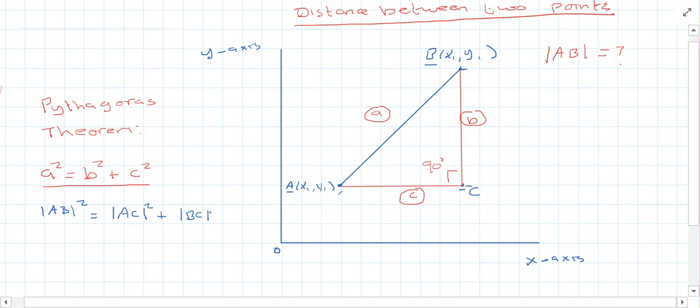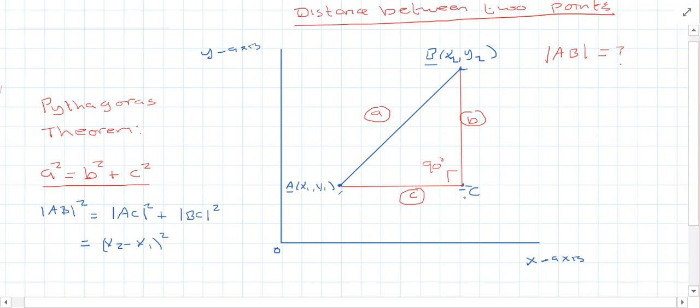So what's this equal to? This point here, in relation to the x-axis, is going to be x2 minus x1, and that's going to be squared.